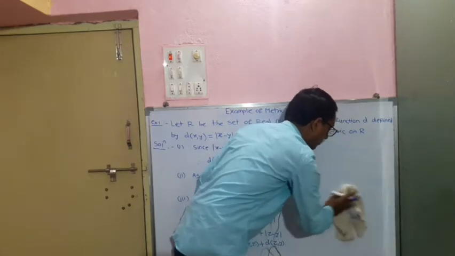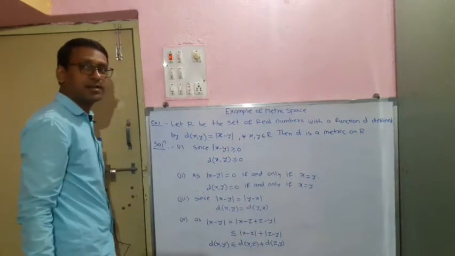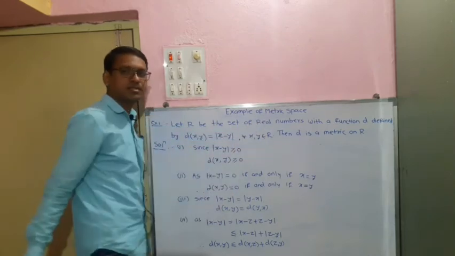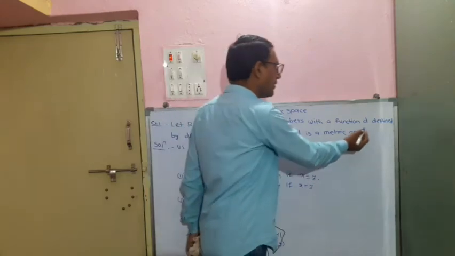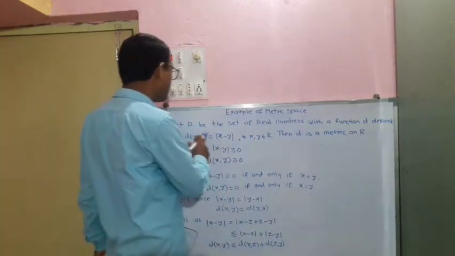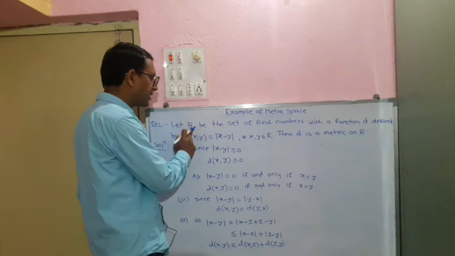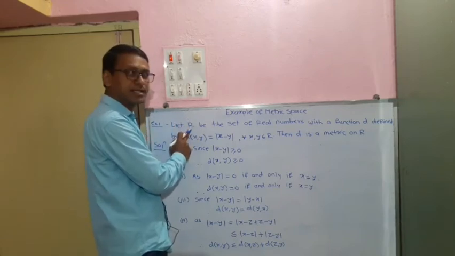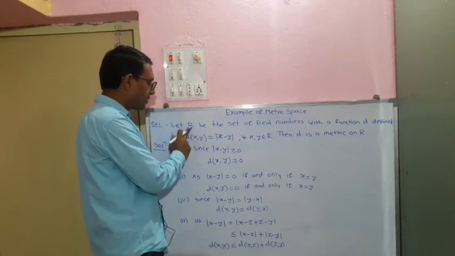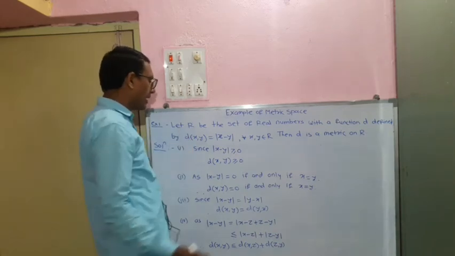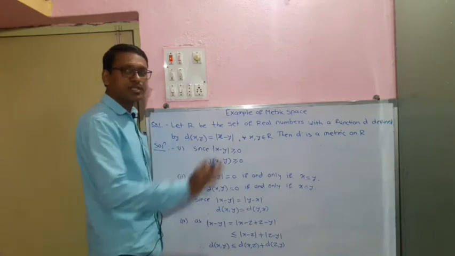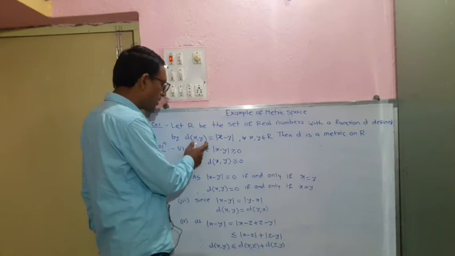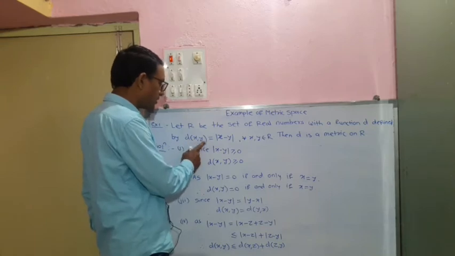So here we have this example: R is the set of real numbers with the function D. In the definition of a metric space we have a non-empty set X, but in this example the set is the set of real numbers and the mapping D is defined by the distance between X comma Y. This is a function.